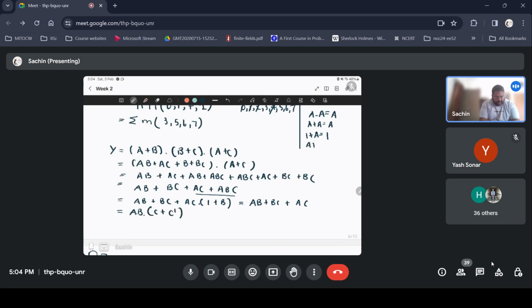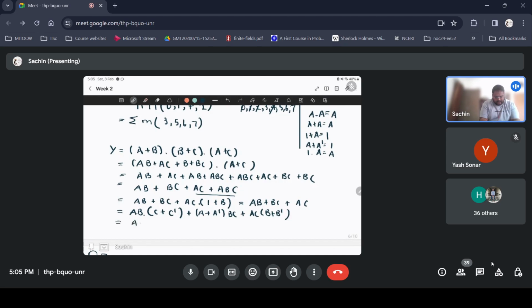Because a plus a bar is nothing but 1. And 1 and anything is nothing but that variable itself. So c plus c bar is 1, ab and 1 is just ab. So the expression did not change logically. So this will be a plus a bar into bc plus ac into b plus b bar.